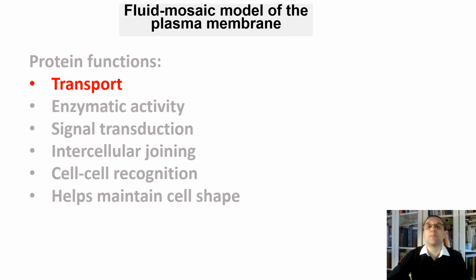Besides transport, the proteins that we just looked at have many other functions in the cell. One of them is enzymatic activity. Many of the proteins within the cell membrane are enzymes, a biological catalyst. Almost all metabolic processes within the cell need enzyme catalysts in order to occur at rates fast enough to sustain life.